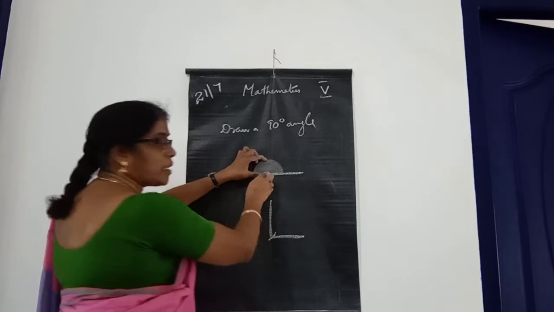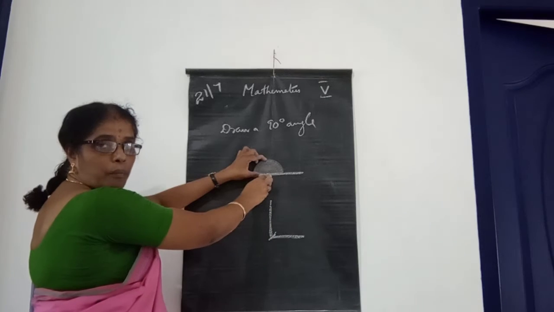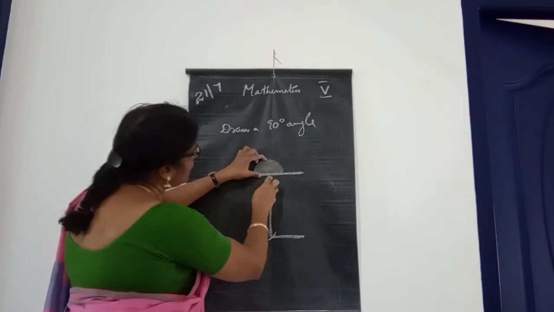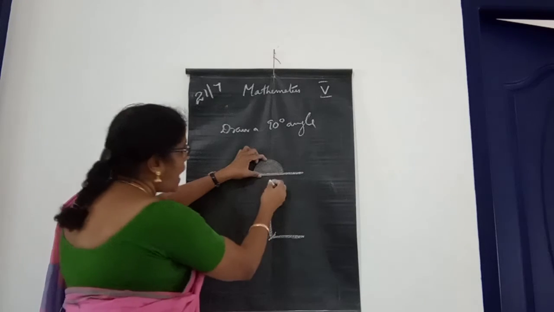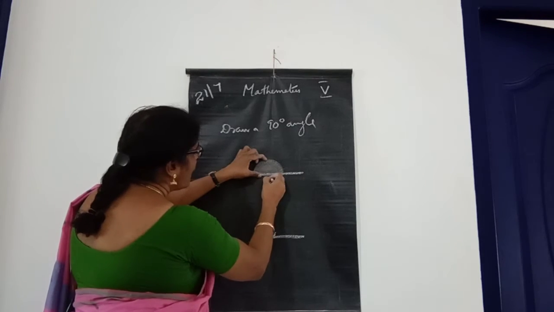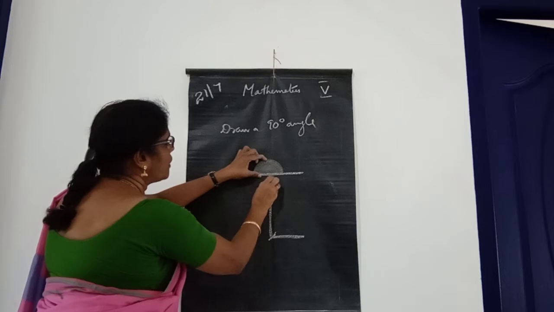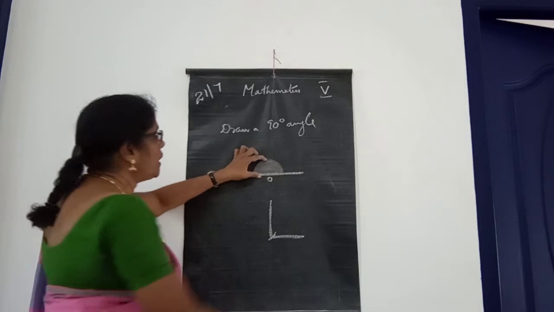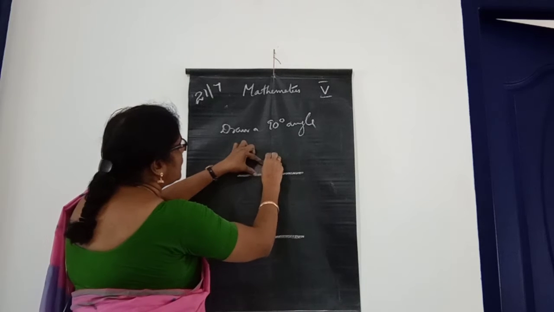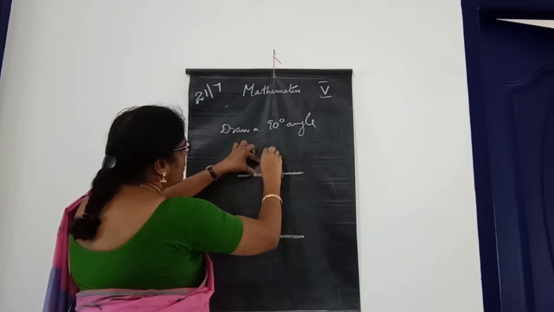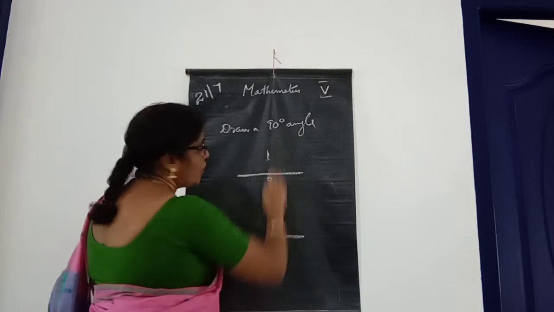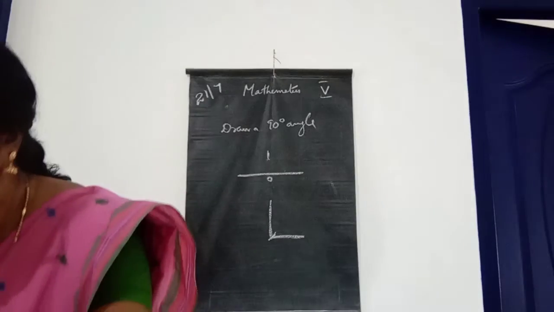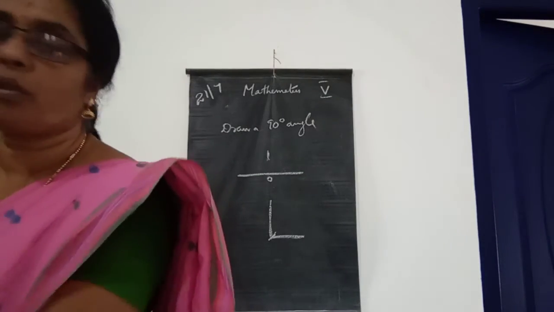Put that vertex on the line and mark it, and draw a 0 or O. Here this one is 90, so mark it and draw that line using the scale.